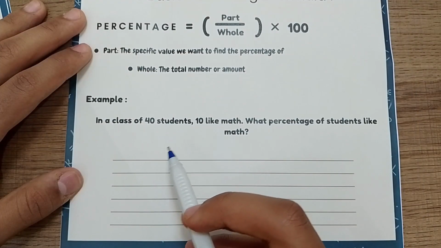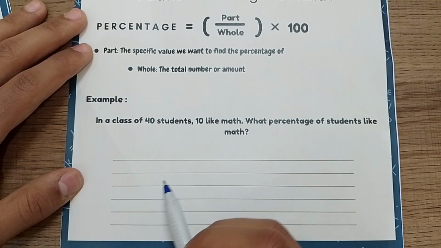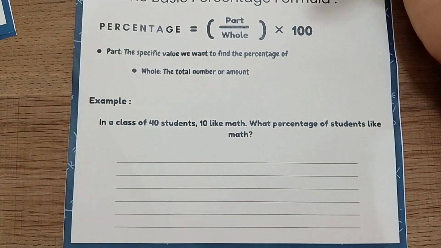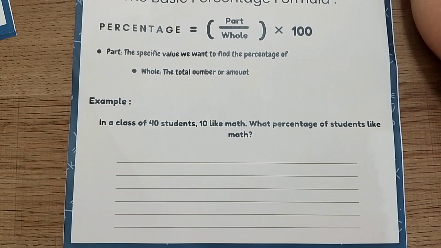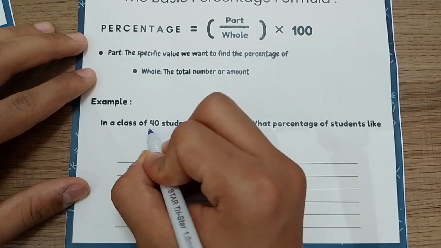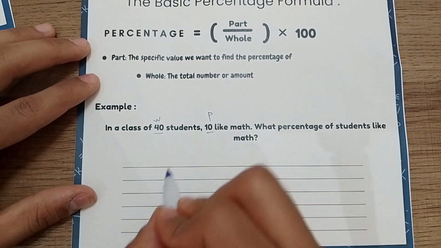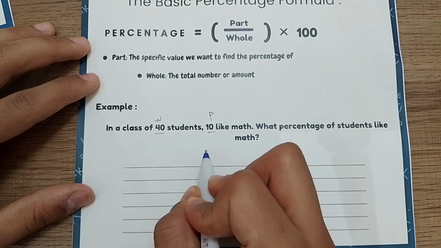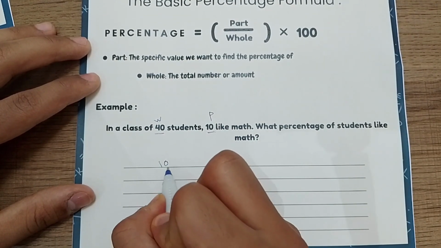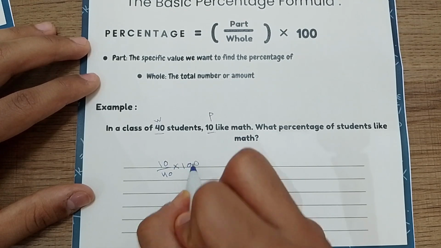In a class of 40 students, 10 like math. What percentage of students like math? So what is the part and what is the whole again? As we mentioned, the part is always smaller than the whole, so the 10 is the part and the 40 is the whole. So now we have the part, 10 over 40 times 100.